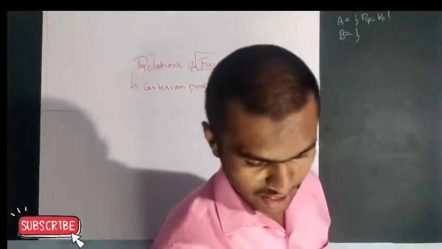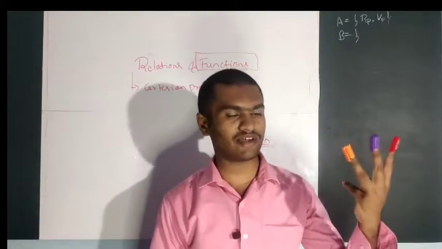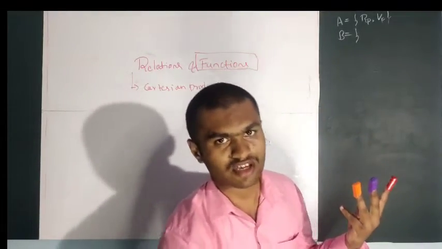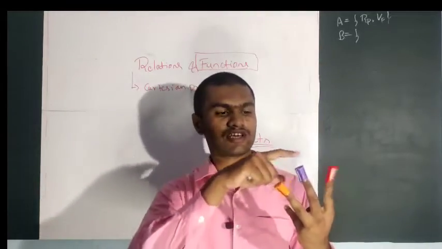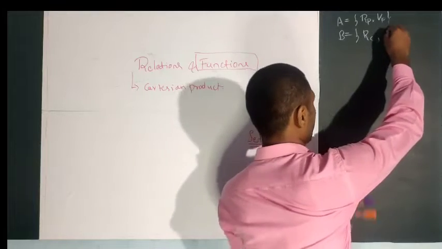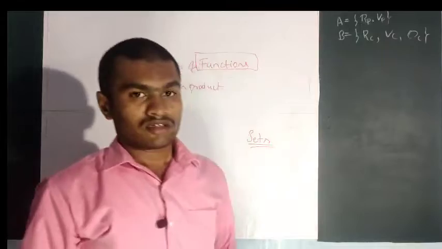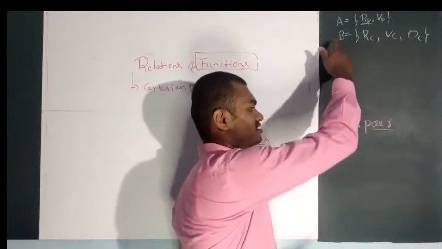So in set A, we have two color pens, right? Red pen and violet pen. In set B, we have three color caps: orange color, violet color and red color. So red cap, violet cap and orange cap. I have two sets, set A and set B.